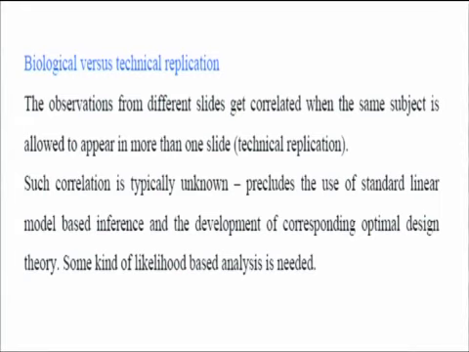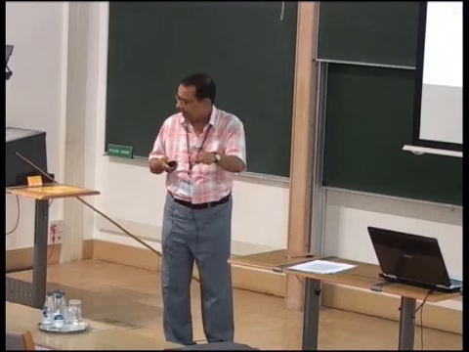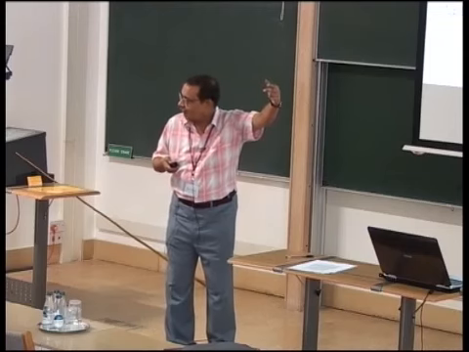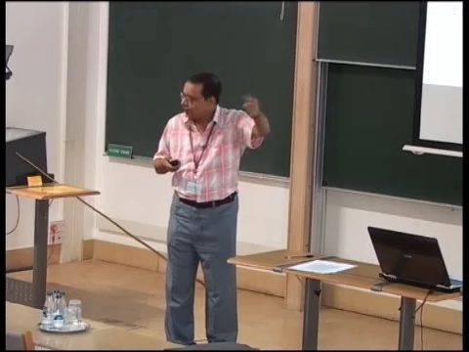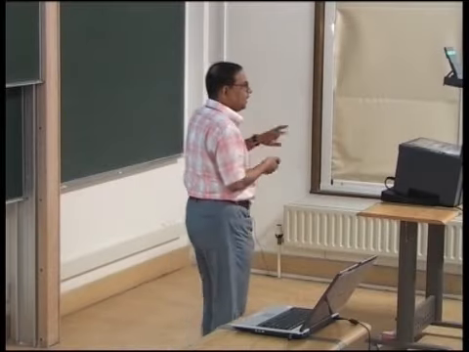Even then the problem becomes quite complex. For example, if I have a 2-square design where each treatment combination is replicated twice, then that design can lead to 16 designs, 2 to the power 4 designs, depending on whether the replication for each treatment combination is biological or technical.